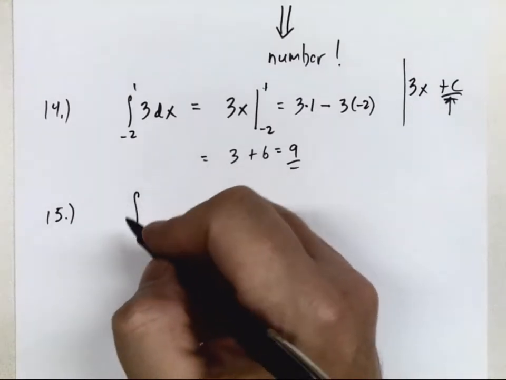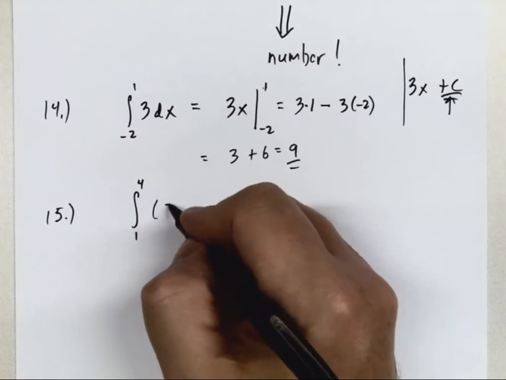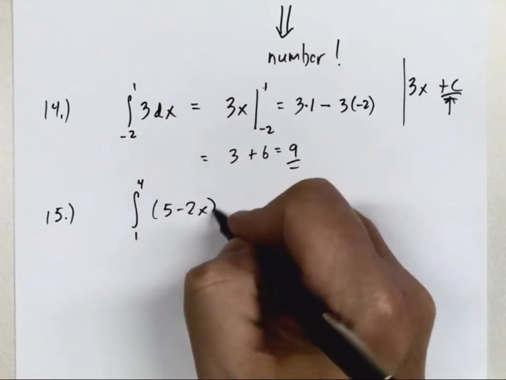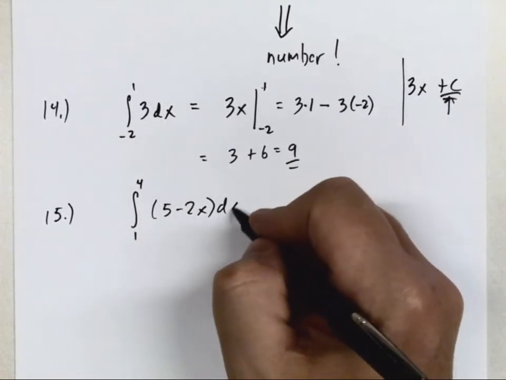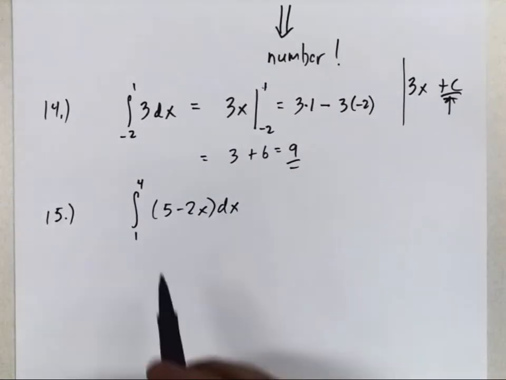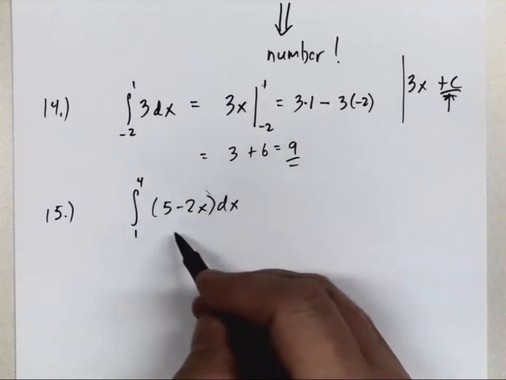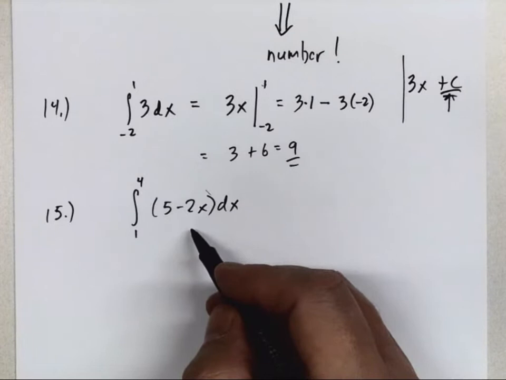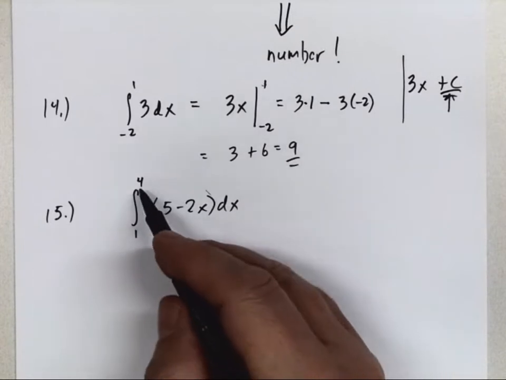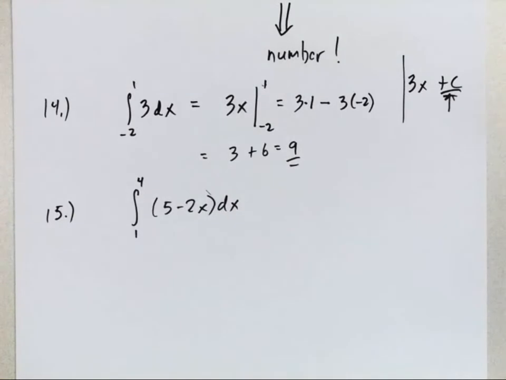So now 15, we're going from 1 to 4. The integral of 5 minus 2x with respect to x. So now we have two terms in here. So what you do is you go ahead and you integrate first, and then at the very end you'll just tack on this vertical line with the numbers.